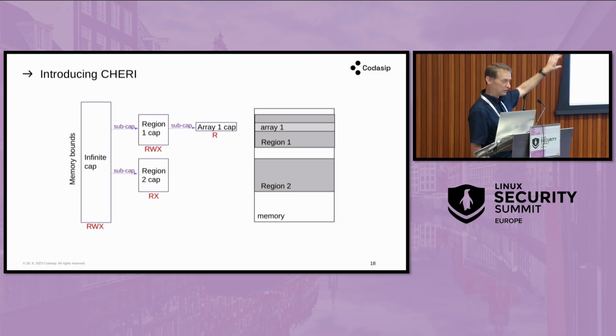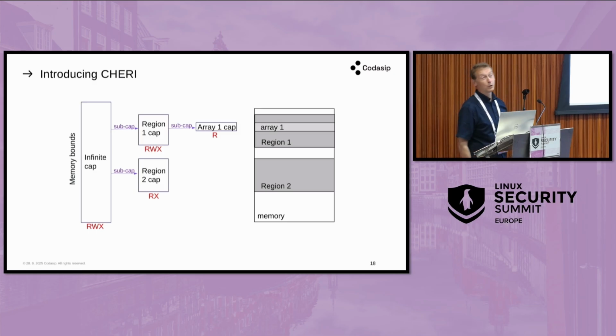So you've got a region 1 capability and a region 2 capability. We might also choose to restrict their permissions. Say region 2 is execute only, it's code. So we set it to read and execute, no writable permissions. Region 1, well, we might store data in as well, but we can derive down another capability.